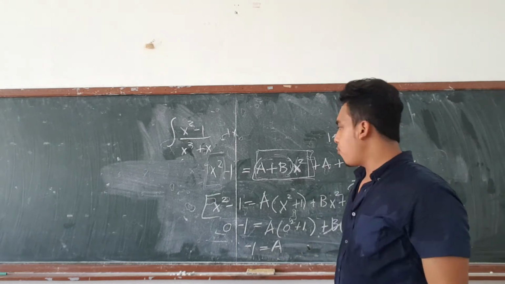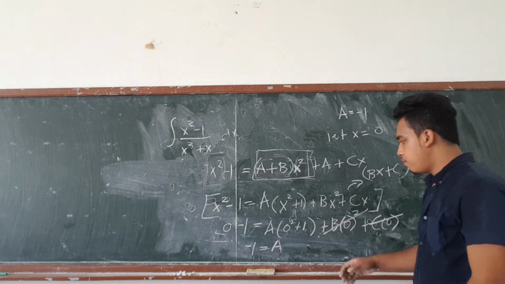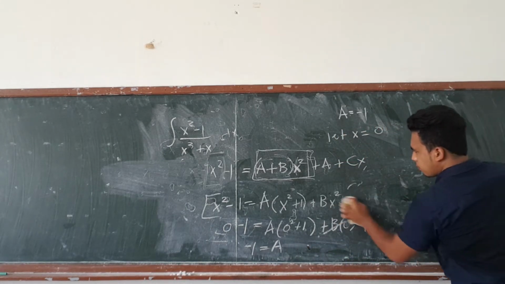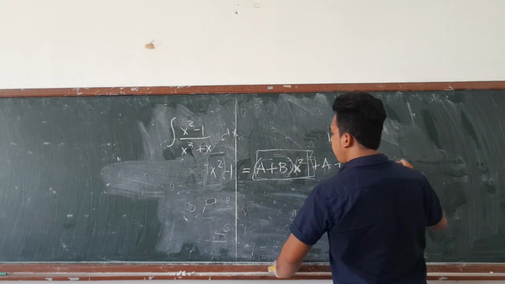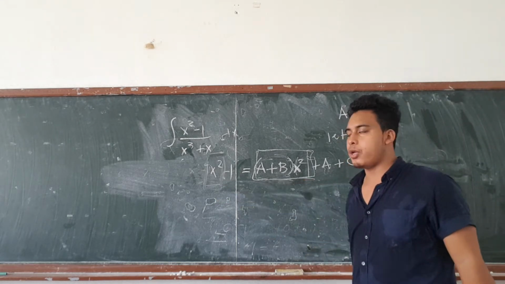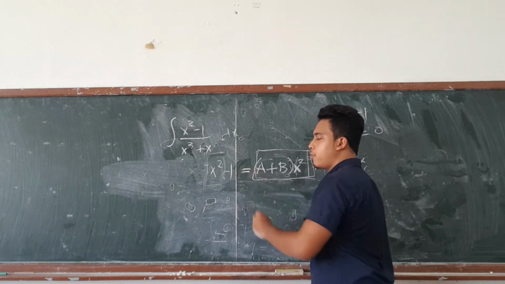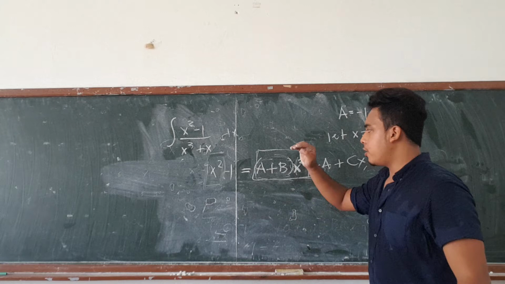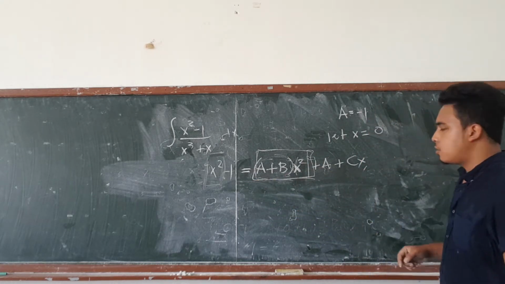Now, let's try to find the value of b and c. If we arrange this equation and this equation, they are the same because of the equal sign. Meaning, x squared minus 1 is equal to a plus b x squared plus a plus cx.